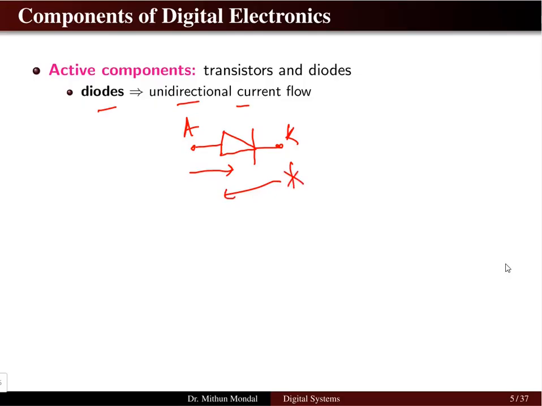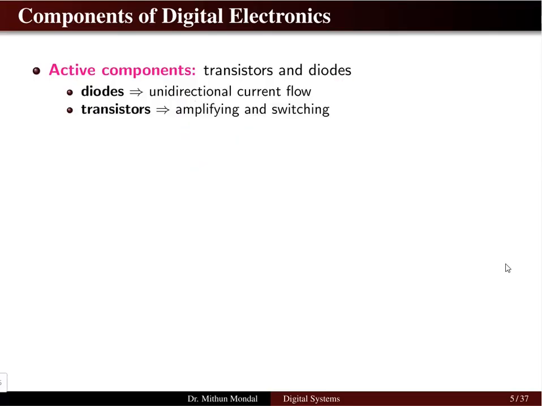We have discussed this in detail in our electronics lecture series, and we move forward to the application of diodes in digital electronics. When we talk about transistors, the two basic important uses of the transistor are to amplify the signal and for the switching operation.